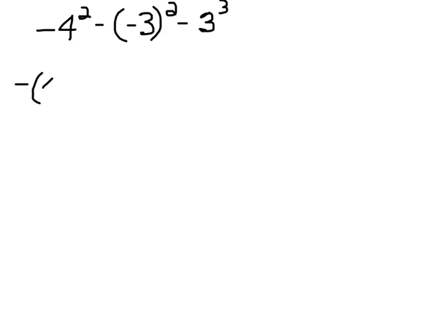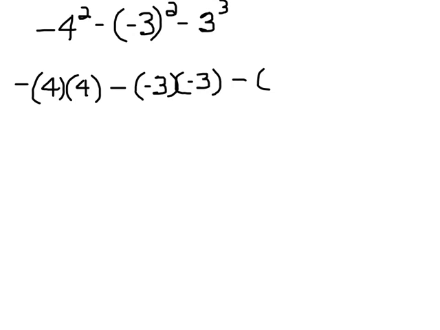Example 1 says simplify. We've got negative 4 squared minus negative 3 squared minus 3 cubed. So what does this really mean? This is an unprotected negative, so I'm only squaring the 4, minus, in this one I'm squaring negative 3, and then minus.